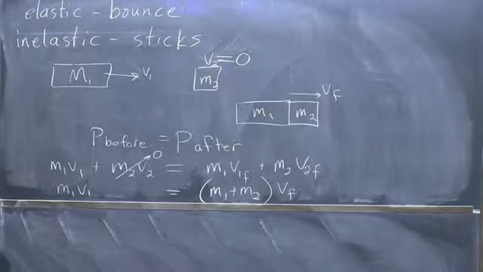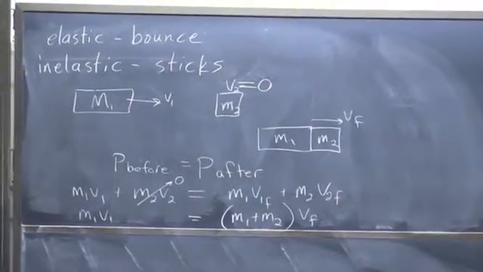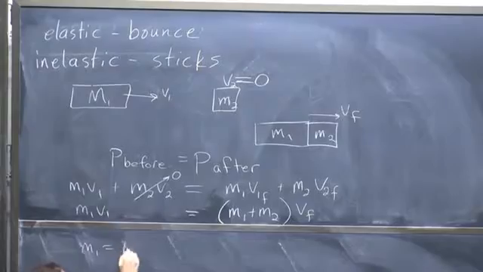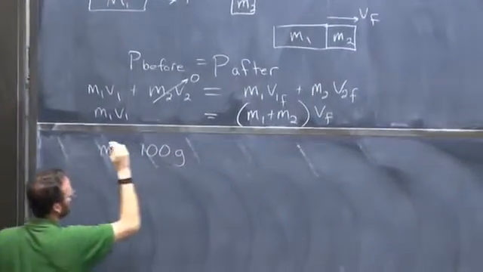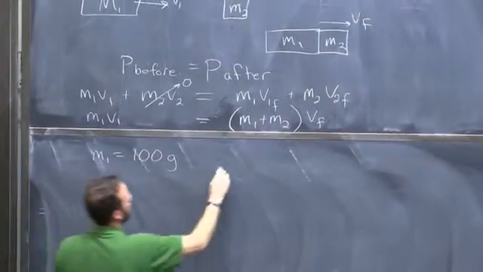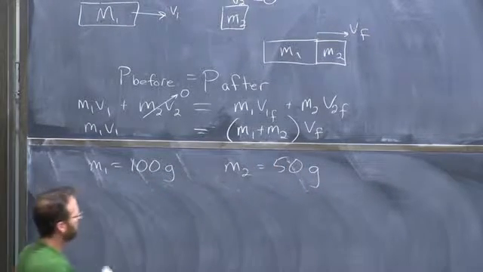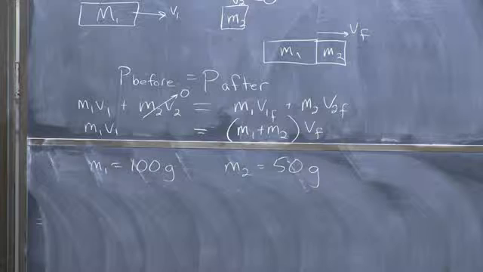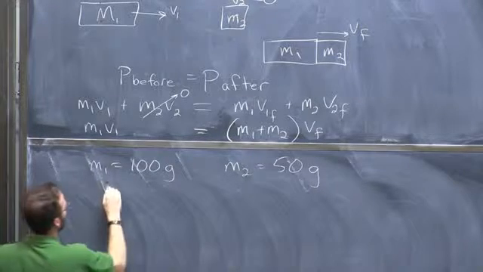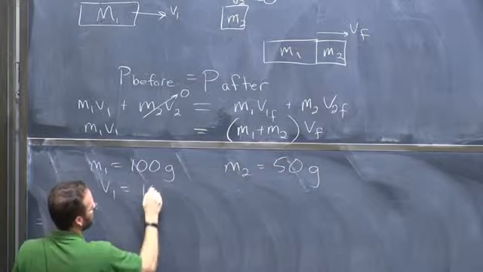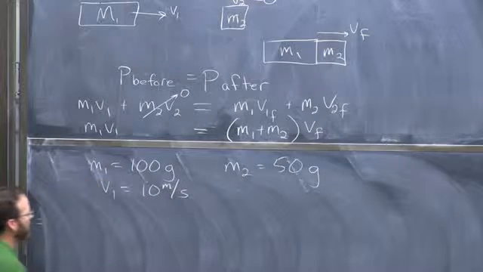Well, let's put in some numbers. Let's say the initial M1 is 100 grams. And let's say M2 is half that, 50 grams. Let's say we're moving initially at 10 meters per second coming in.